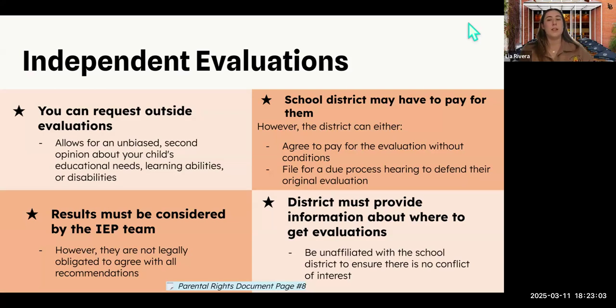However, the district can either agree to pay for the evaluation without any conditions or file for a due process hearing to defend their original evaluations. The results from the independent evaluation may be considered by the IEP team, including the school psychologist, the student support team, and the special education teachers, but they're not obligated to agree with all the recommendations that are outlined.